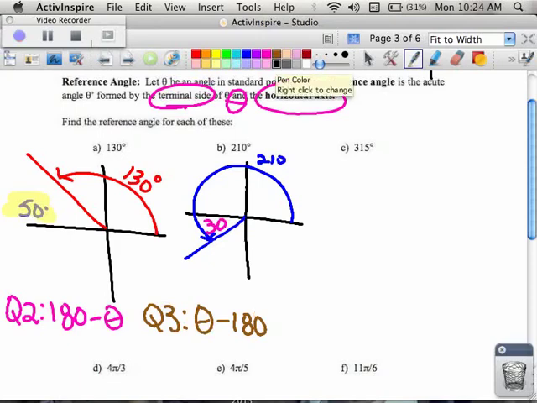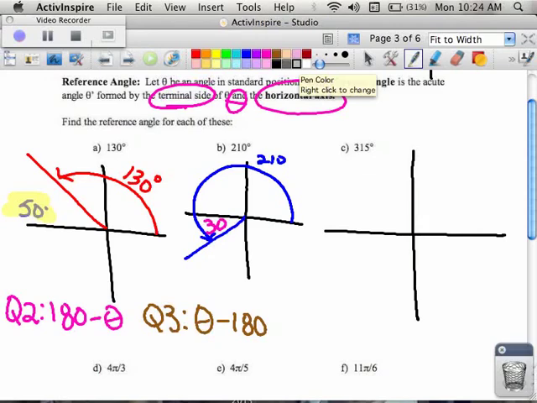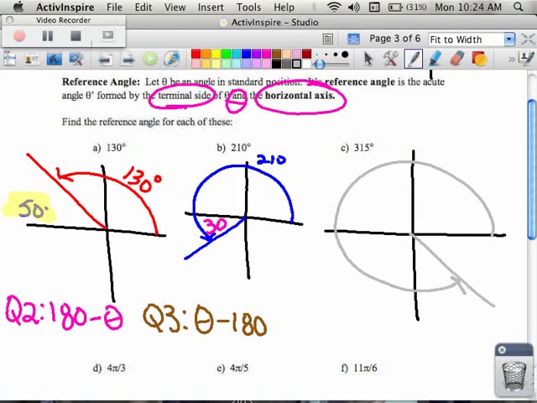Last one in the degree measurements. If I draw this one, 315 degrees means I start at the x-axis, I swing around, and I end at 315, which means I'm ending with my terminal side in quadrant 4. So the reference angle is in between my terminal side, that gray line segment, and the x-axis, or in other words, inside of here.